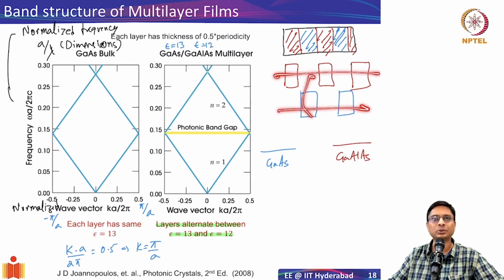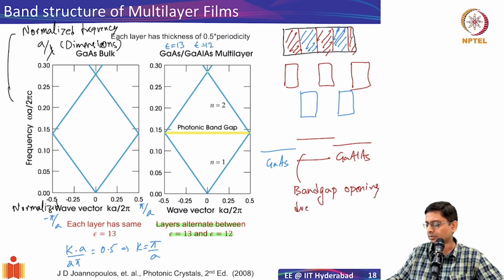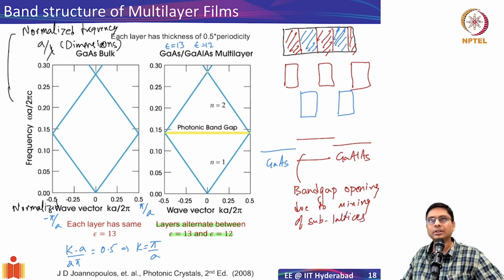When both of them are superposed, that means you're bringing them in close contact, the energy levels have to hybridize, and you end up getting one level here and one level here, okay. So this is band gap opening due to mixing of sublattices, okay. All right, does it make sense? So that's the hybridization concept we talked about all the time, right?